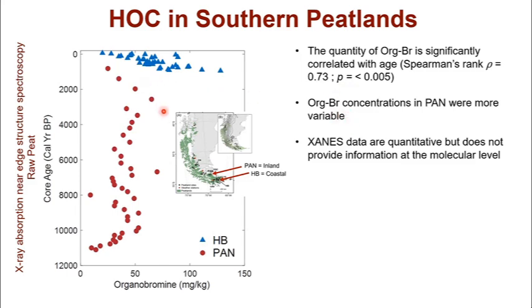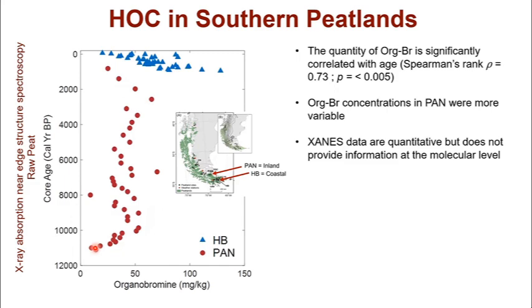Now, when it goes to pan, which has dates way earlier before present, the dynamics start to look slightly different. We still see, on the 1,000-year timescale, accumulation of organobromine. If we had to fit a line, I would say it stays pretty stable through thousands of years, and then you have a decline.